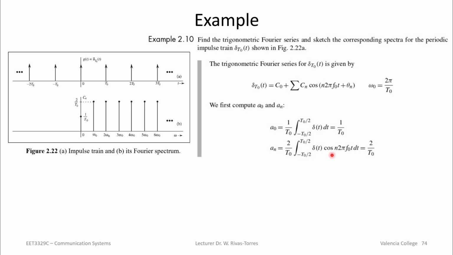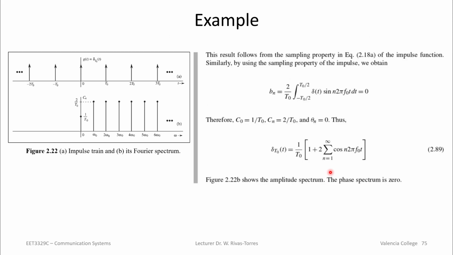Again, the integral of the impulse doesn't matter, the interval is 1, and you end up with 2 over T0. Hopefully you followed, and there's my proof. Kind of the same story for Bn. It comes out to 0 because sine of 0 is always 0, so the whole thing becomes 0.